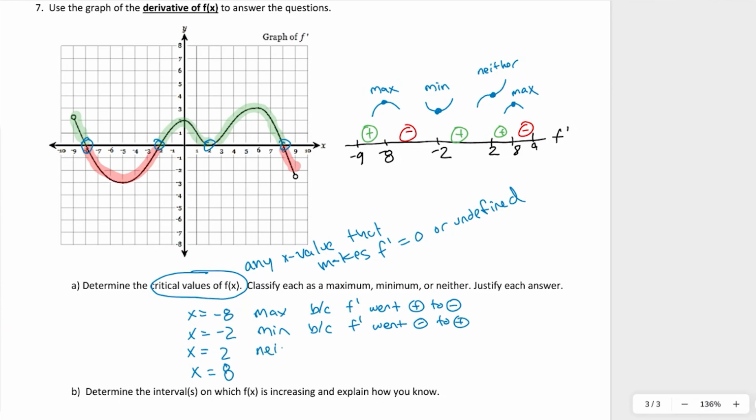X equals 2 is neither a max nor a min because the sign of f prime didn't change. And finally, at 8, we're going to have a maximum for the same reason that we have a maximum at -8. F prime went from positive to negative.